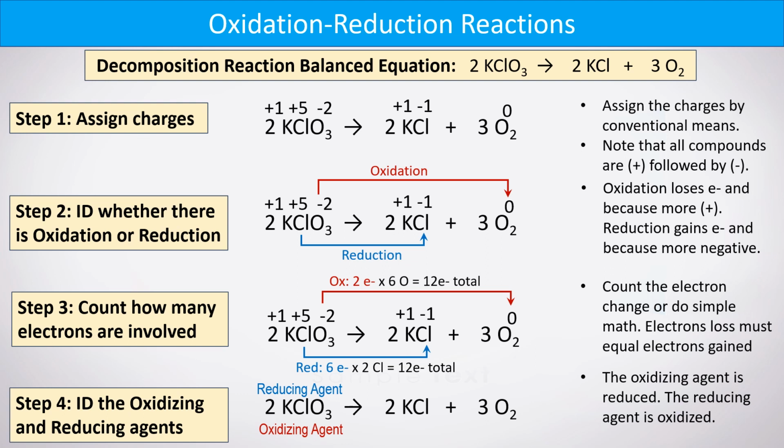Also, KClO3 is the oxidizing agent because we note that chlorine here underwent reduction. Excuse me, it is the oxidizing agent. Let me repeat for clarity. KClO3 is both the reducing agent and the oxidizing agent. KClO3 caused both events to occur. All right, there you have it.